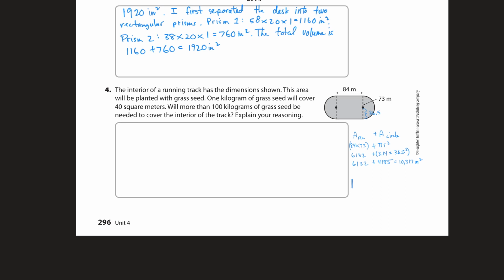So I have 10,317 divided by 40. And that's about 258 kilograms. So will more than 100 kilograms be needed to cover the track? To answer that, yes.